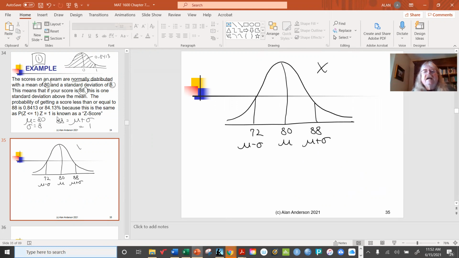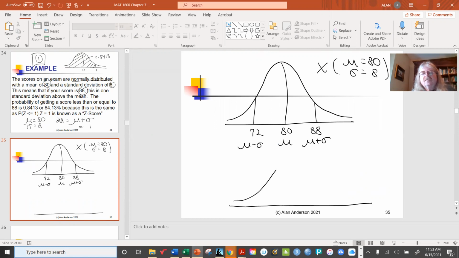This is, I'm going to call this X. And down here we have the equivalent standard normal curve. And down here, this would be 0, this would be 1, and this would be -1.